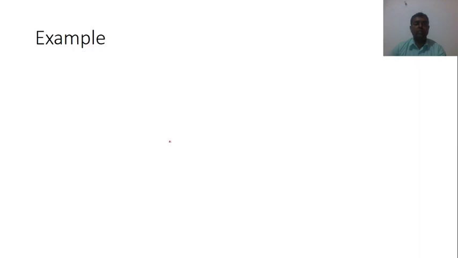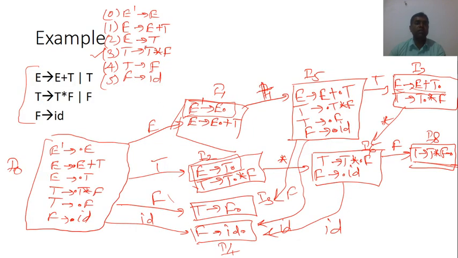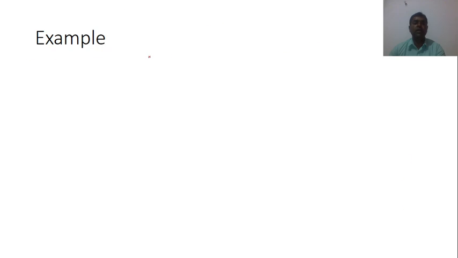That is R2, reduce by second production. What is our second production? E goes to T, reduce by E goes to T.